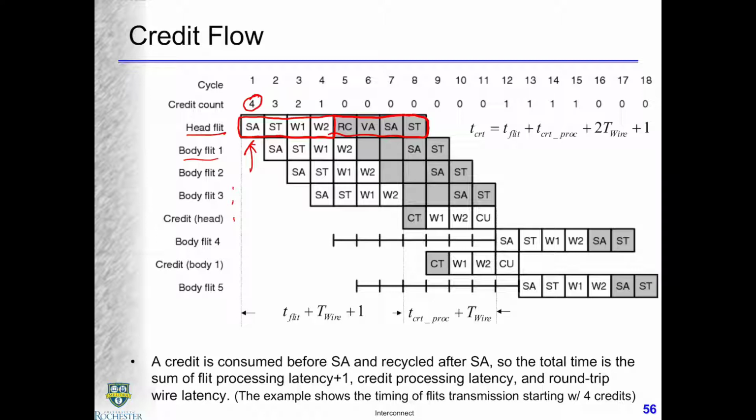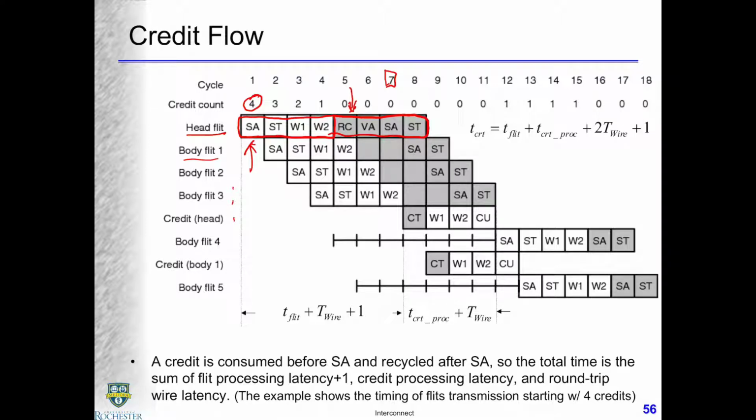And at cycle 5, this head flit allowed the downstream node to start route computation. And it would go through switch allocation at cycle 7.